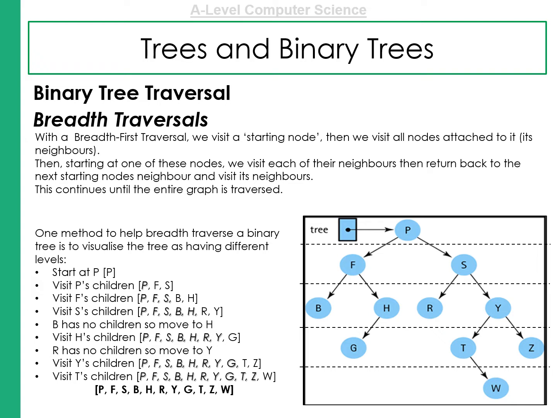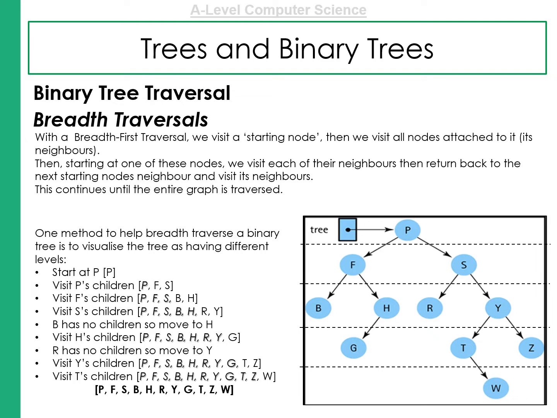But it also has another child, S. So we represent this by P, then F, then S. So we visited the children and then the neighbours, and we return back to the next starting node. So the next node would be F. Now we've already got P, F and S in our array, so its children are B and H.